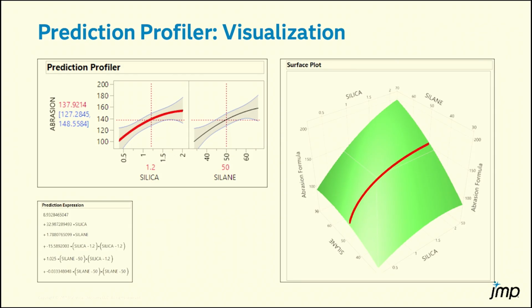So this line is the trace or the profile when I fix silane at 50. What is the trace at silane equals 50 if I sliced that 3-dimensional space? And likewise, when I hold silica at 1.2, what does the trace for silane look like? So that's what we're seeing. We're seeing one slice of a many-dimensional surface.